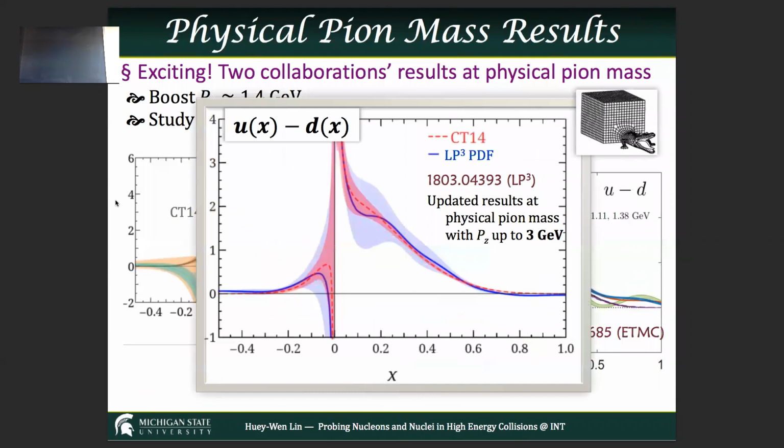We changed the momentum to 3 GeV, and we have tried to estimate the uncertainties as much as we can with this simple one lattice spacing calculation. And we just compare with one. Again, this is just to guide the eye to see how things work.